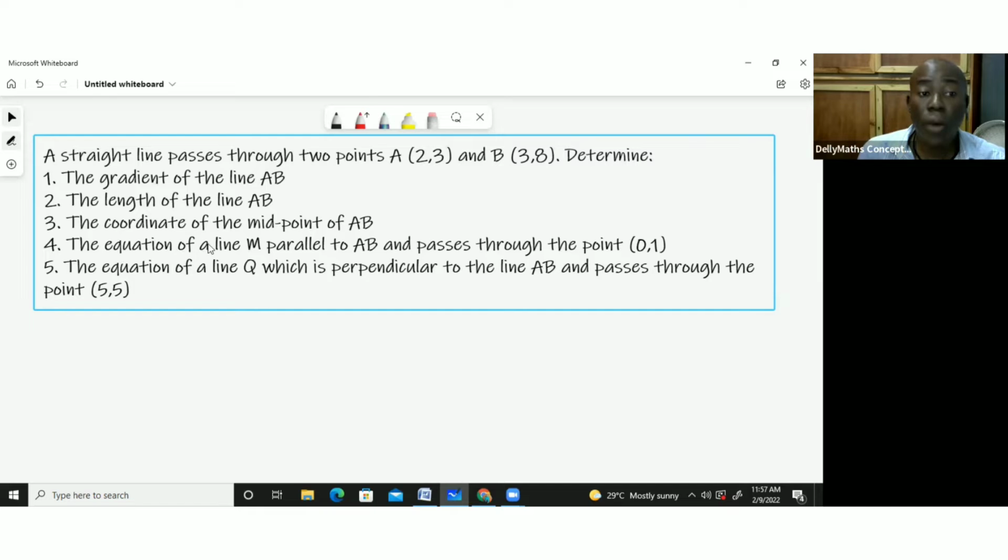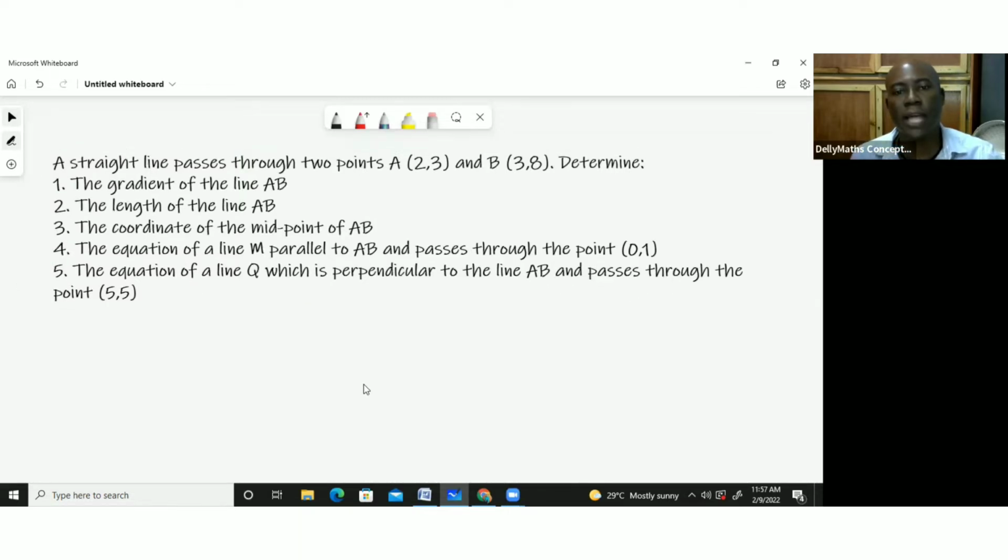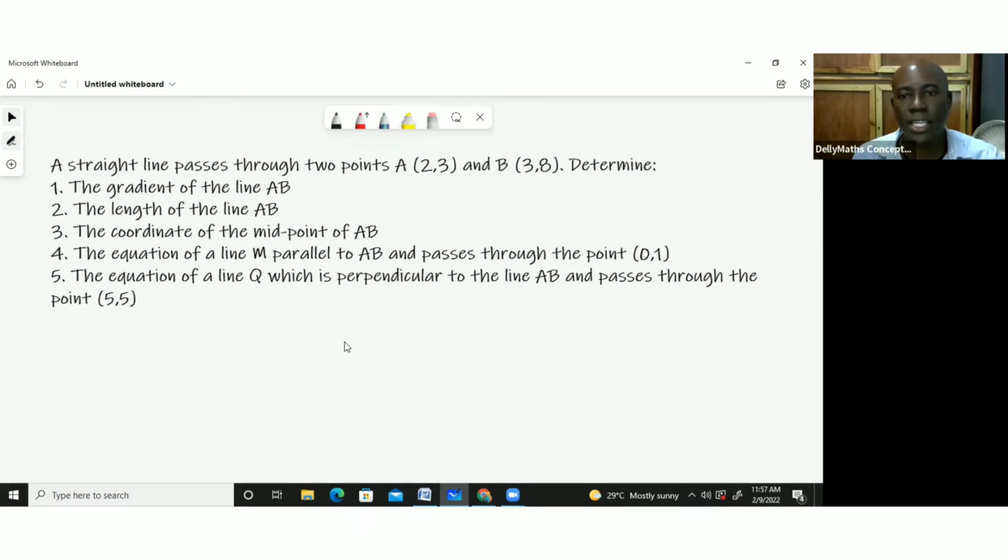Number 4, the equation of the line M parallel to AB and passing through the point (0, 1). And the fifth question, the equation of a line Q, which is perpendicular to the line AB and passes through the point (5, 5). We're going to take our time and work these questions through.